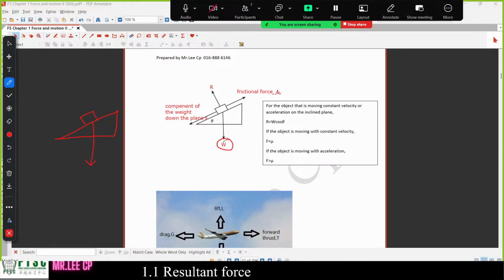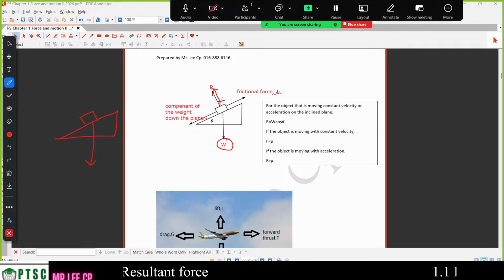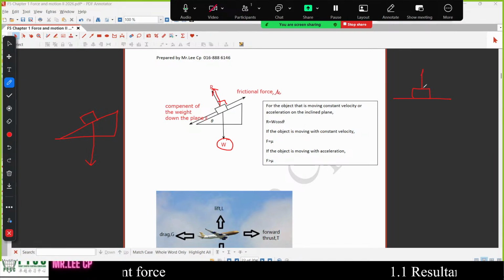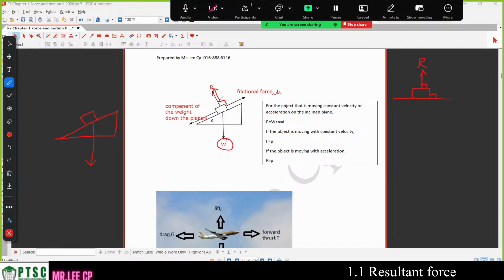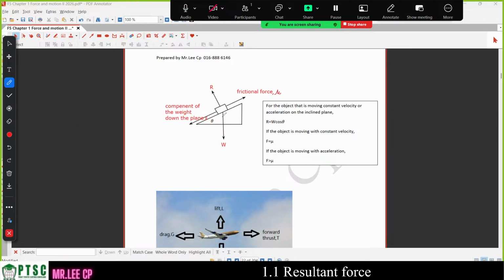Right? W. And then the R is always 90 degrees to the surface. Like just now, the R is here. R is 90 degrees to the surface. Here, this is your surface. This is called R, the reaction.